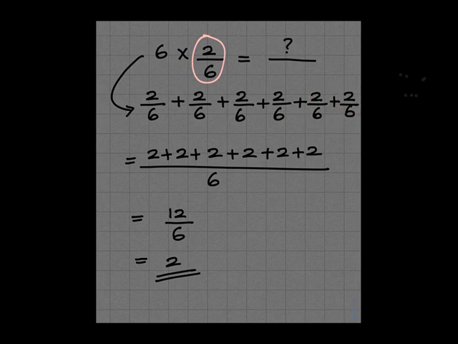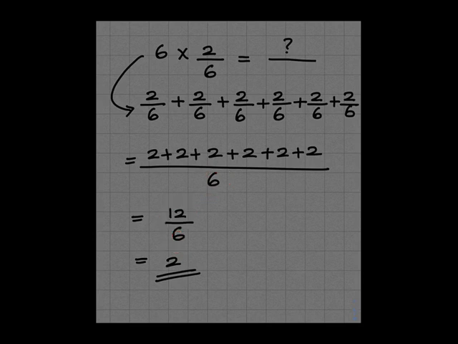So 6 times you write 2 by 6 and then solve it. So when you see the denominator is same, which is 6, and the numerator is 2, add all the numerators together. When you add all the numerators together, it becomes 12, and write the denominator as such, 12 by 6.